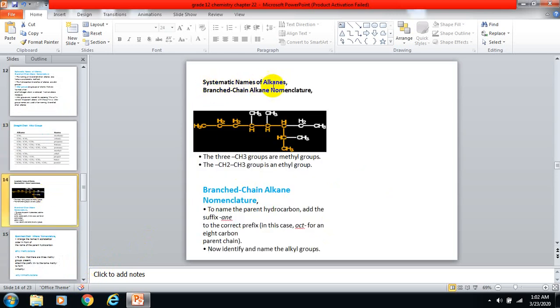Now systematic names of alkanes, branched chain alkanes nomenclature. Look at CH3, CH2, CH2 dash CH3, then CH, here CH as well, and CH3 CH3.